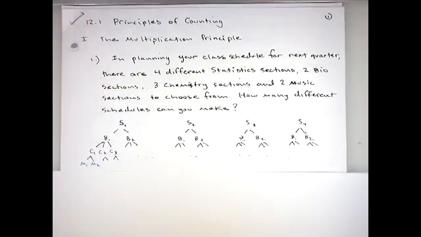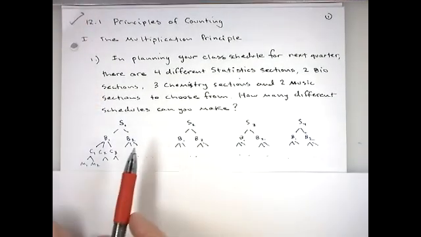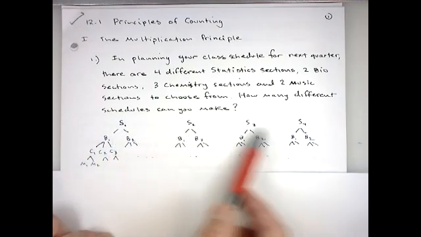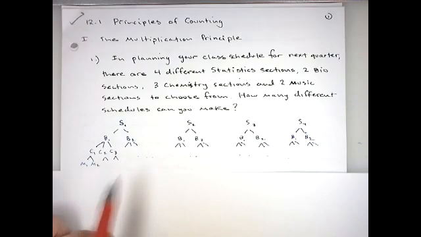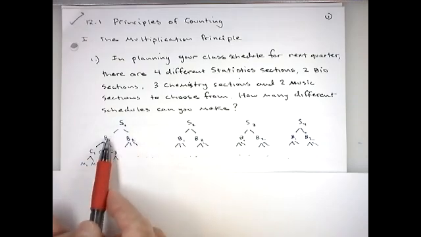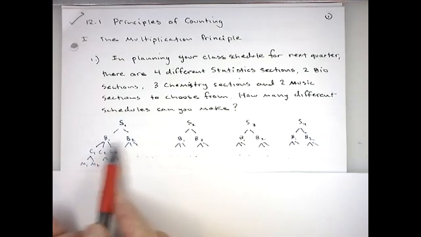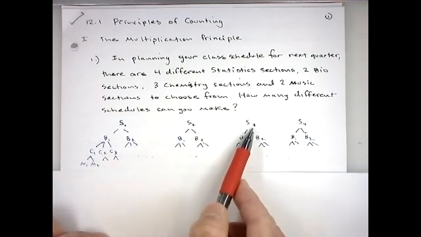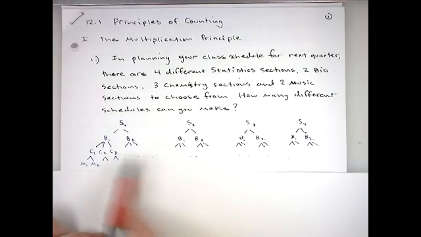So I didn't finish the whole thing, but for example, you could first choose any one of the 4 stat sections. Let's say you chose section 1. Well, if you choose section 1, now you have 2 choices of bio sections to choose. So you could have chosen bio 1 or bio 2, and that would have been true for any of these other scenarios here.